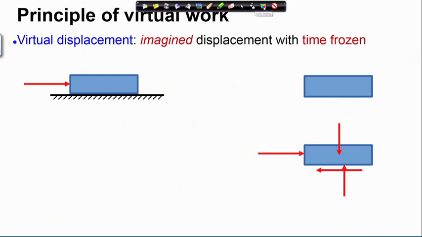Consider a block of weight W on a rough surface being pushed by a force P, but we will assume that this system is in static equilibrium. So, this block remains in static equilibrium. Here I have the free body diagram of the block.